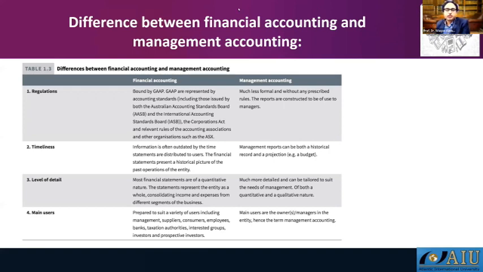The management accounting, like I told you before, is less formal. There are no standards for it. You can tailor it according to your needs, and how to reduce your cost.